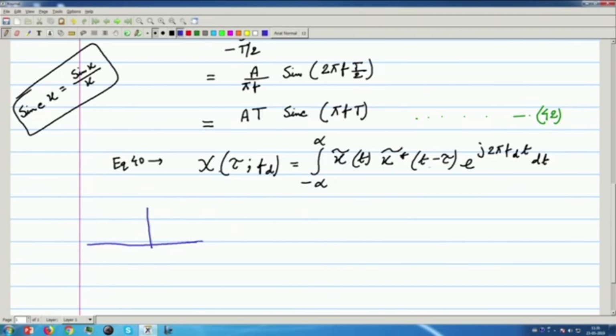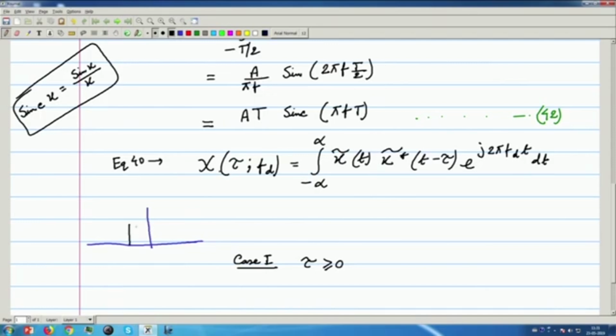Let us say that this tau can be broken into two parts: tau can be positive or tau can be negative. So, if tau is positive, then what is the picture?